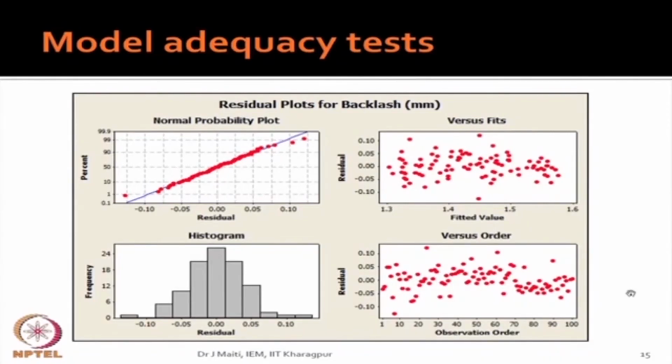So, what does it signify? It signifies that yes, the model is adequate from the residual analysis point of view also, but if you see clearly, here is one point, here is one point, some points are a little away from the general mass.